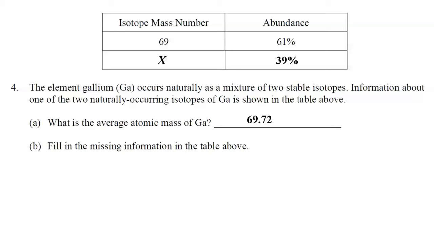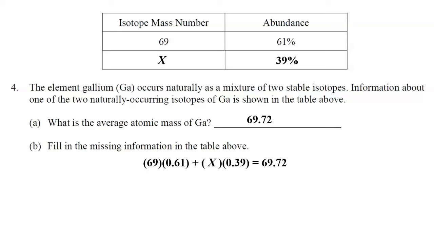So at this point we're going to just call the other mass number x. We know that 69 times the percent abundance as a decimal, so 0.61, plus x, which we don't know yet, times the percent abundance as a decimal, 0.39, equals the average atomic mass that comes from the periodic table.